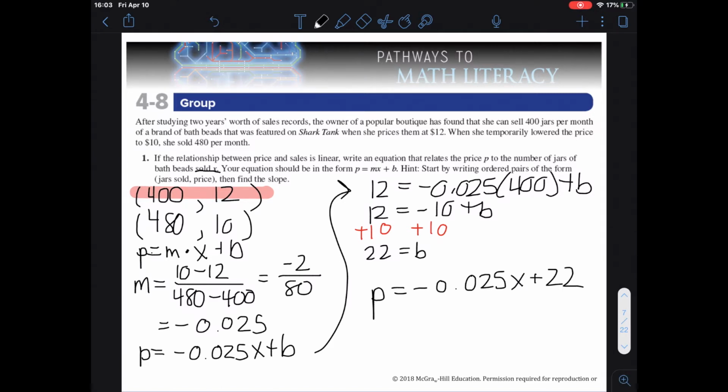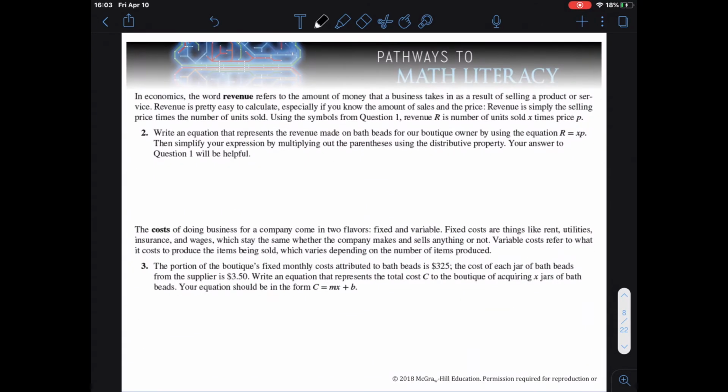So now I want to figure out how to come up with an equation for my revenue and then ultimately my profit. This is just the price per jar based on the number of jars we sell, x. The word revenue is going to be that amount of money we take in. Basically, if I sell x units at p price, my revenue is going to be x times the price, the number of units times the price. What we just did was find a price based on the units.